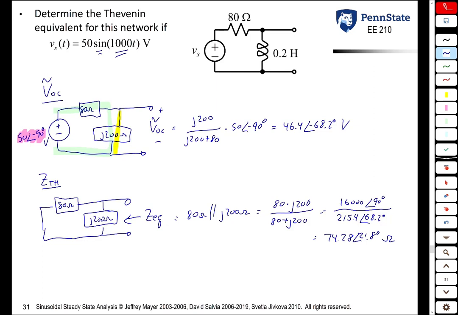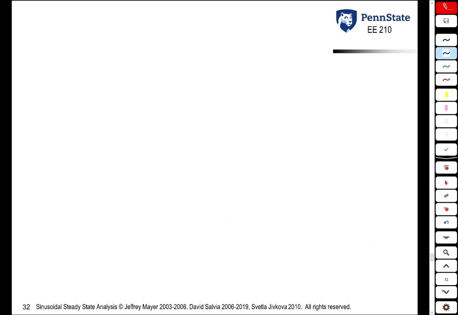Impedances you almost always like to express in rectangular coordinates, so this would be 68.97 plus j27.58 ohms.